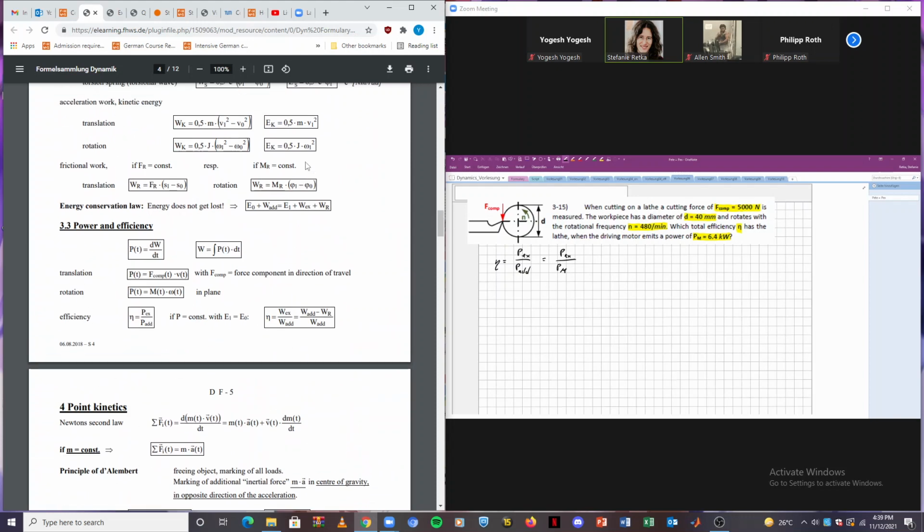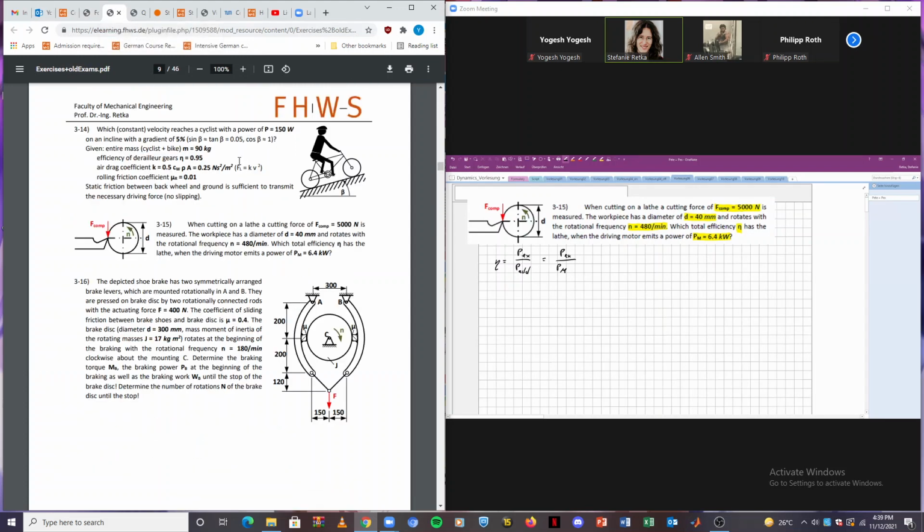So now, what is P extracted? We have two possibilities to compute the power extracted, either using the equation for the translational or the rotational motion. Of course, in this case, our workpiece performs a rotational motion, meaning that the power extracted has to be computed using the moment multiplied by the angular velocity.